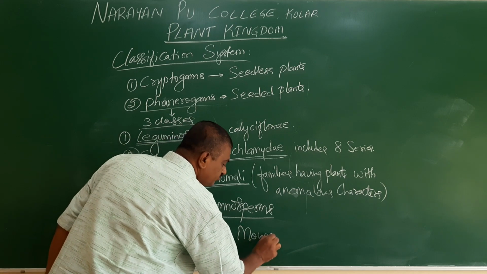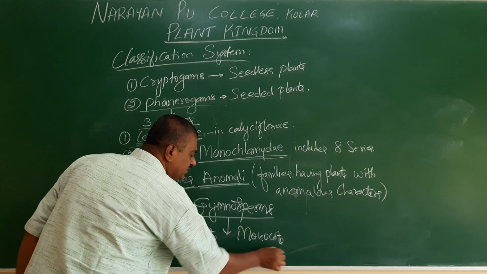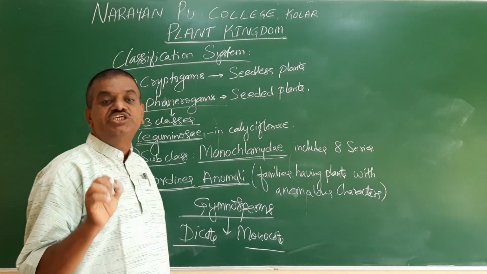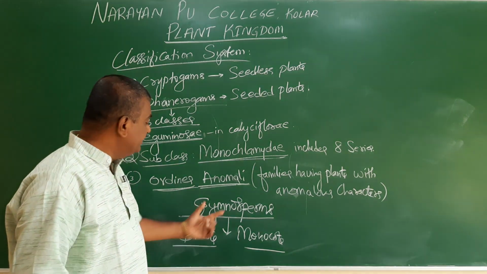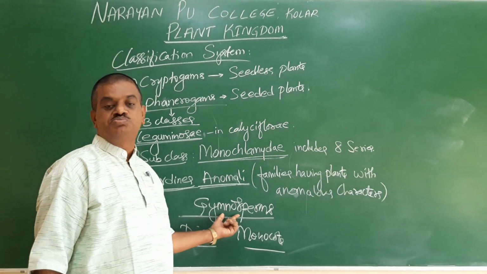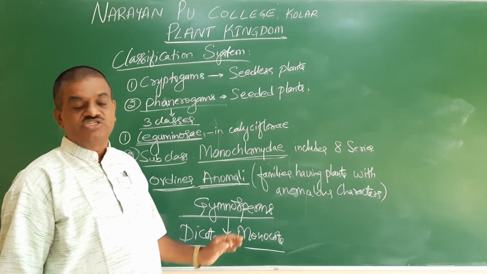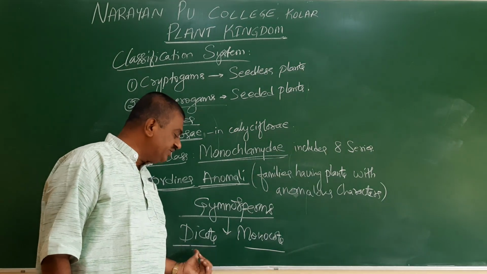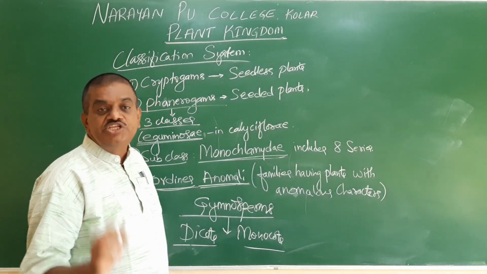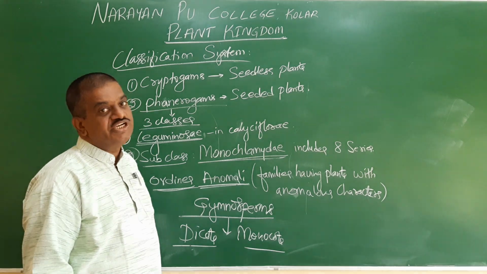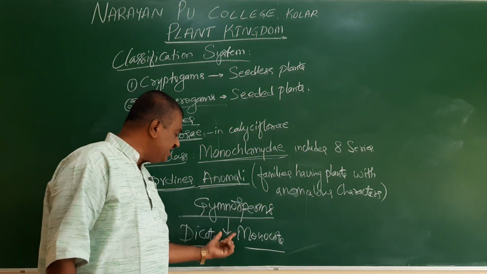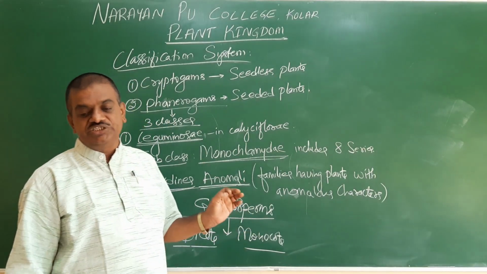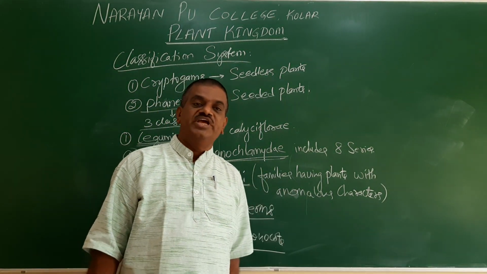Gymnosperms are called naked seeded plants, and they were included in between the dicots and monocots. Dicots and monocots come under angiosperms, which are closed seeded plants. In between closed seeded plants, the naked seeded plants were included. So this system is not taken into consideration. This is wrong.